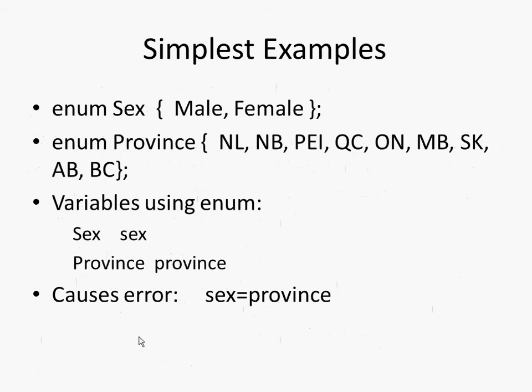So these are some examples. Here we're saying something called Sex, capital S, it's a class, and it must be either the value male or female. Here's enums, it can be one of these.